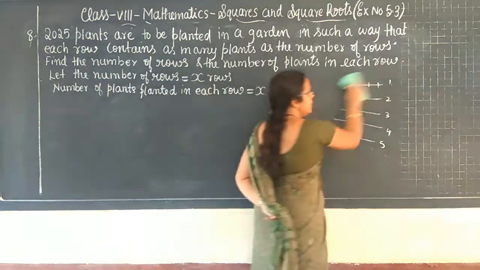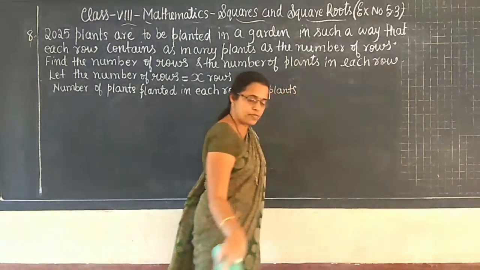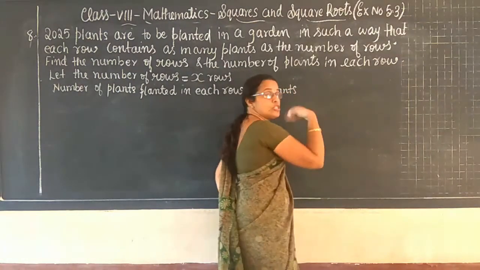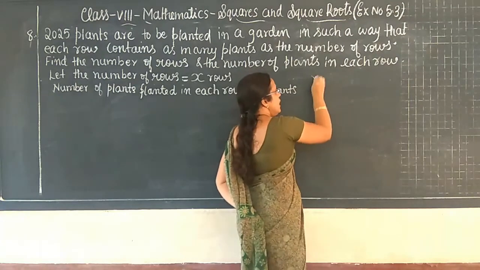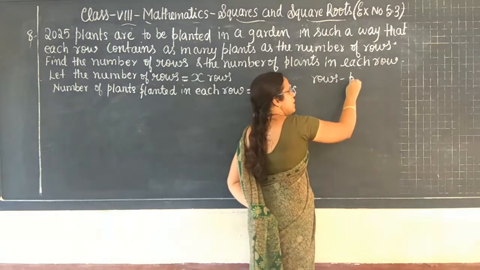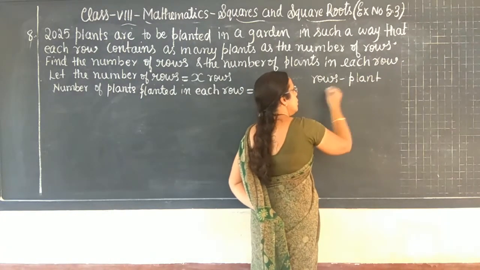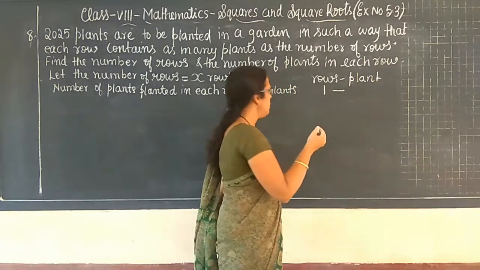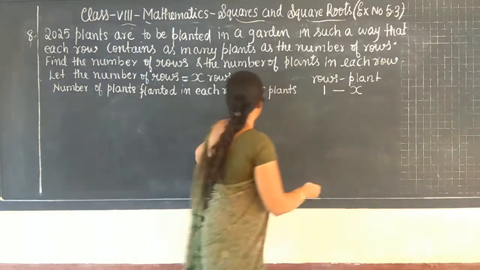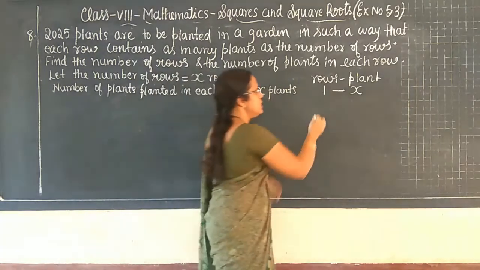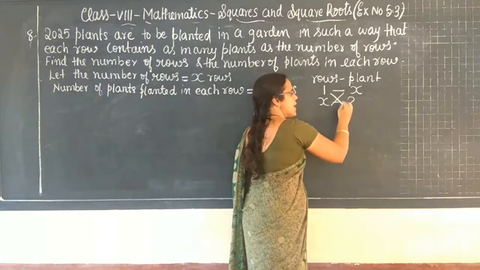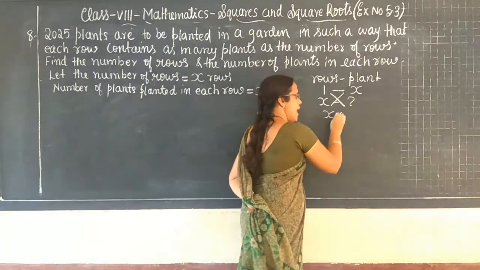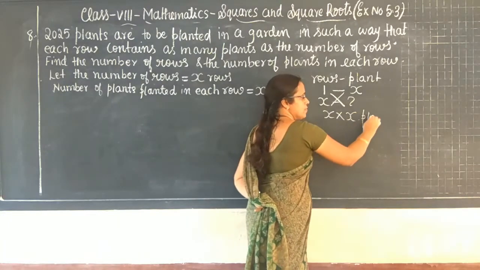Okay, so now, what is the total plants? Can we find out by multiplication? See here, rows, here plants. Each row, how many plants? X plants are there. Means X rows, how many plants are there? That is X into X plants.